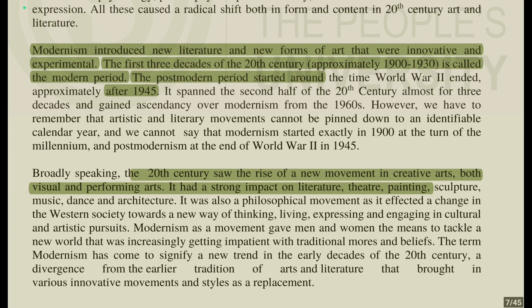When we're talking about a specific period, like the modern period, it means the time during which this form of writing or art was most prominent, at its peak, at its zenith. The same goes for the postmodernism period, which was at its peak during the 1950s to 1980s.